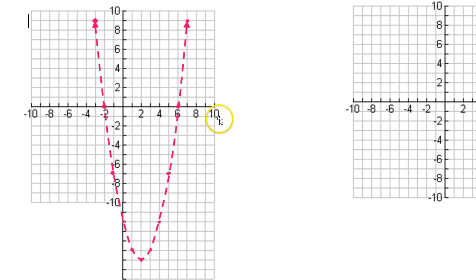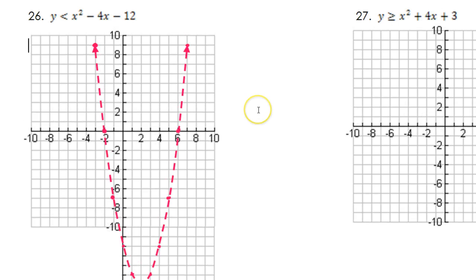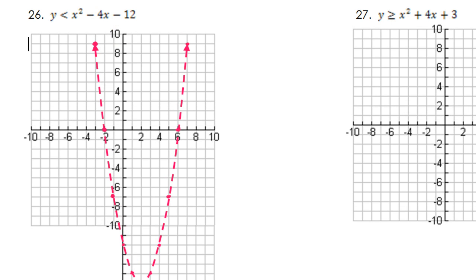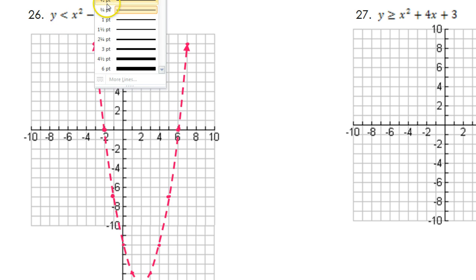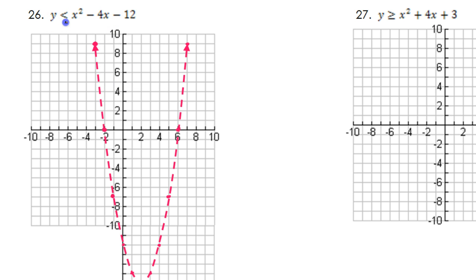Now, the shading. We need to shade this either in here or outside here to show where the solutions are. And there's two ways to think about knowing where to shade it. One way is the above or below method. So when I look at this, I see that it's saying y is less than the function.